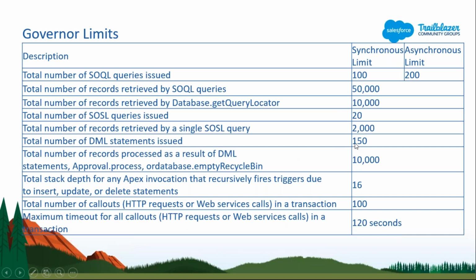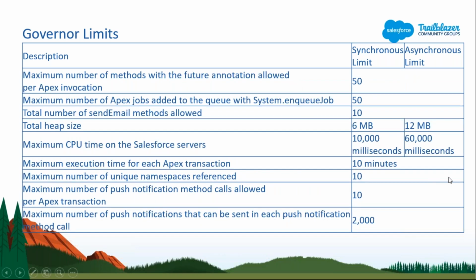DML, how many DML statements we can have, right? There are other things like approval process inside that DML, and empty recycle bin. In this case we have 10,000. So these are some governor limits available in Salesforce, and they are not limitless. There are so many governor limits.